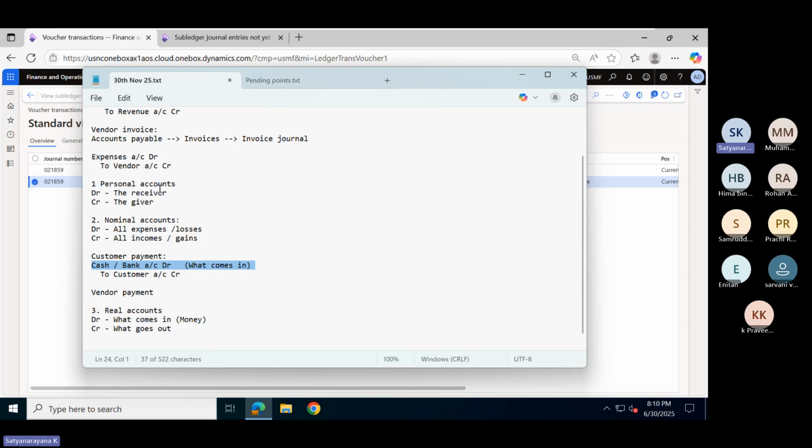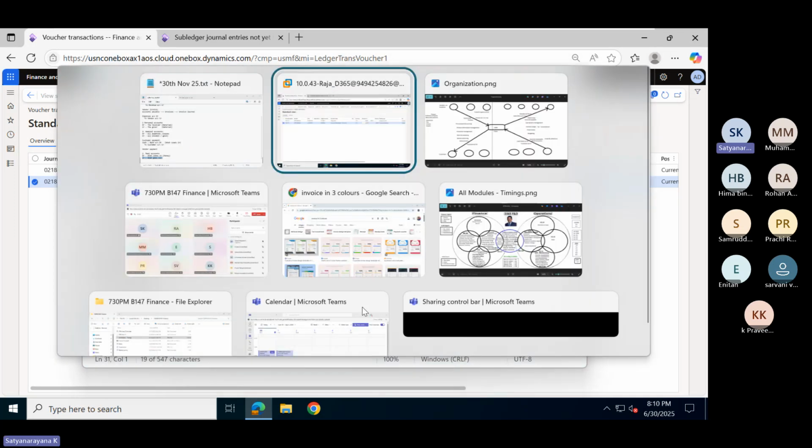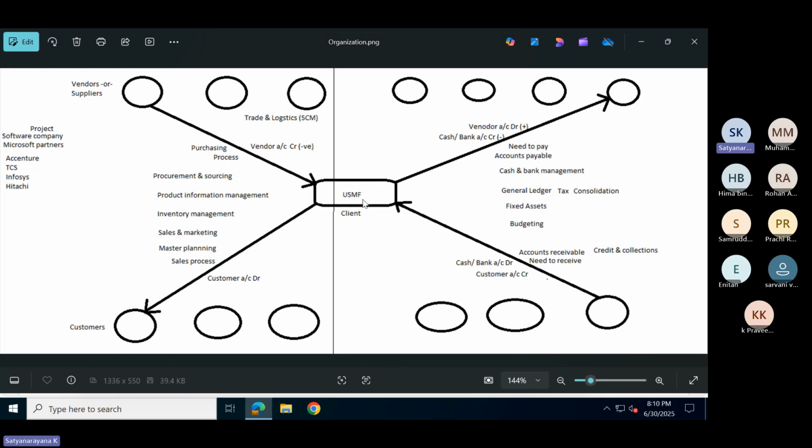So here personal account you need to understand this is material. Here it is material. Material means we are purchasing material. Here it is money. Debit what comes in money. Credit what goes out. So here whenever we are giving check or cash to the vendor, my bank balance will be decreased.